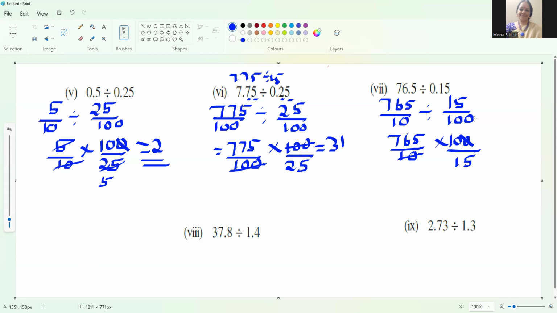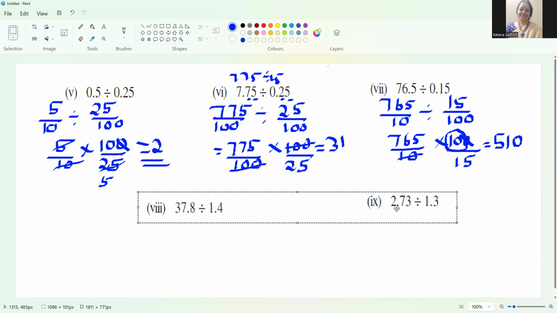So, 15 into 76, 5, 75. 1 remainder, again 15, so 51. And here this 10 is there. Don't forget, don't write the answer as 51 and leave like that. 10 is there. So 51 into 10, so 510. Be careful there because careless mistakes can happen.